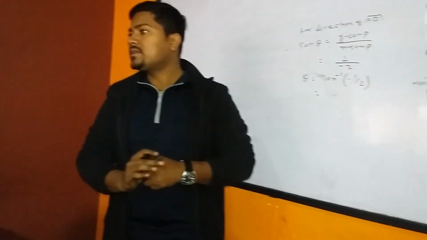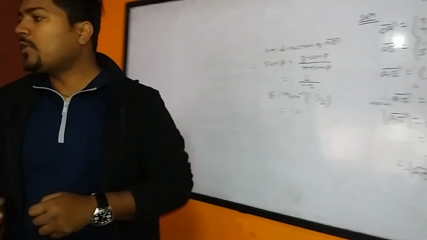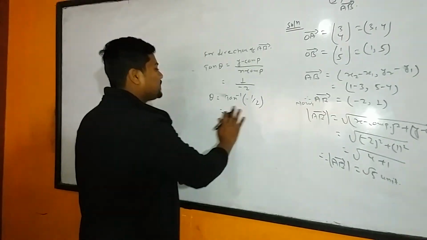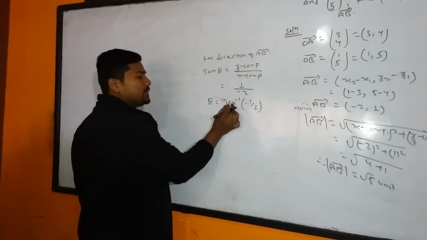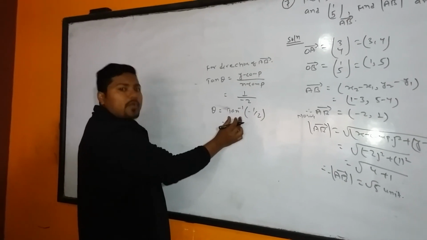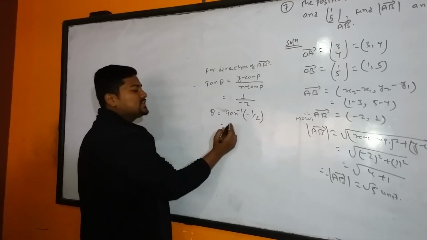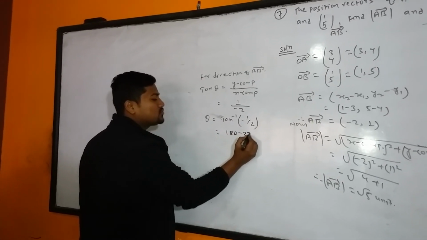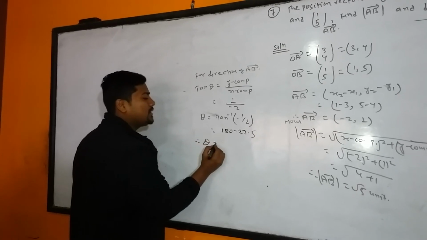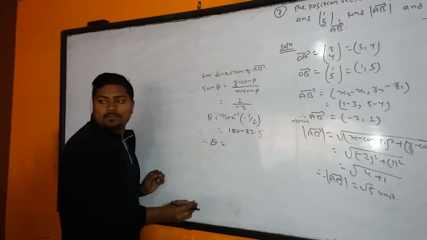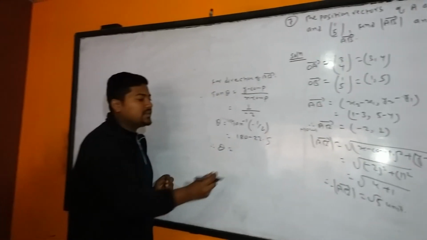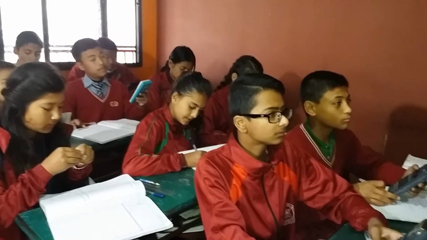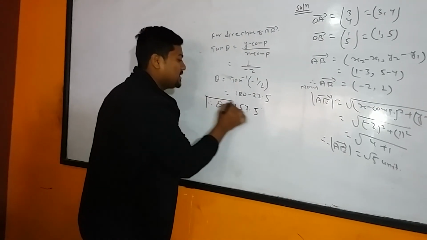If you only press 1 by 2, the theta value is 22.5, but this lies in second quadrant, that's why 180 minus 22.5. Therefore theta value is 180 minus 22.5, which is 157.5 degree.